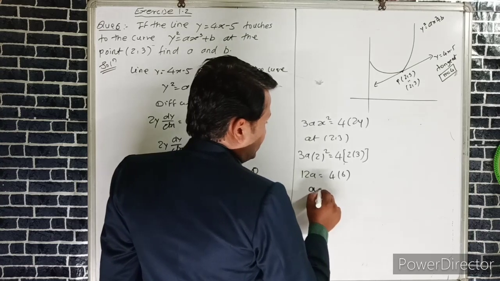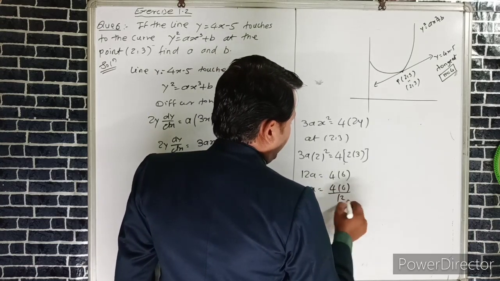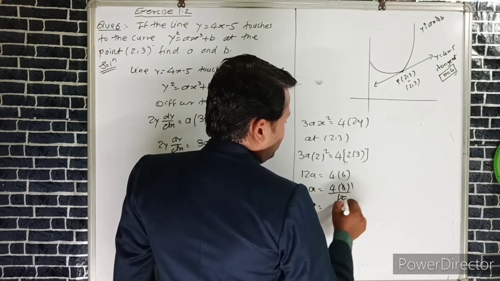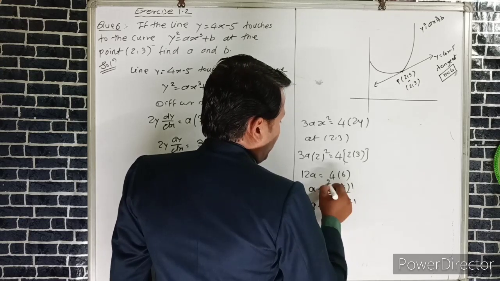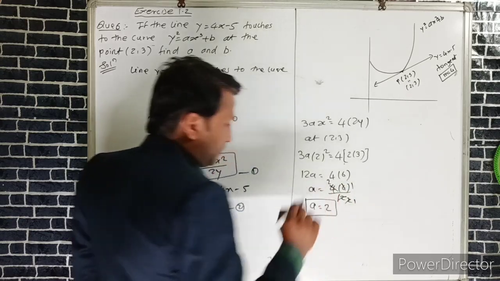Hence a = 4 × 6 / 12, which is 2. We can write the value of a is 2.